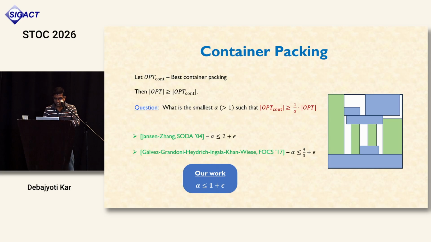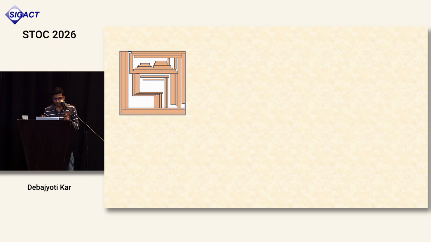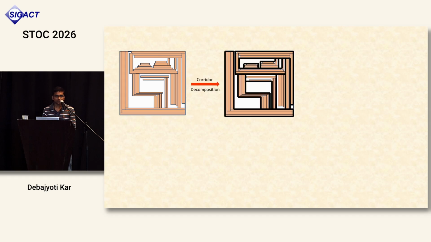Okay, so now I'll just give a very high-level overview of how we managed to show this improved upper bound on alpha. So again, we start with the optimal packing of the horizontal and vertical rectangles. And to this packing, we apply what is called the corridor decomposition framework, which intuitively states that it is possible to partition the knapsack into a constant number of rectilinear polygons such that each rectangle completely lies inside one of the polygons.